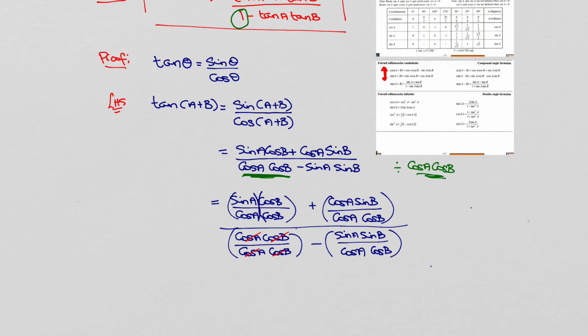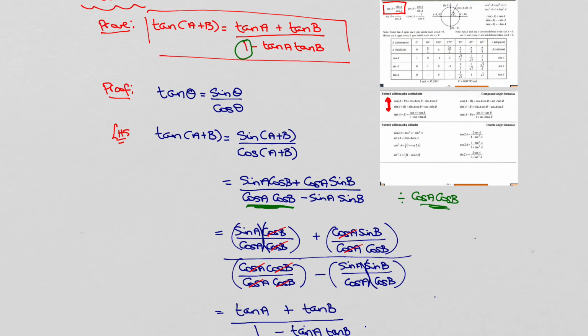If I put brackets between those, well, cos B goes into cos B once, and sine A over cos A is tan A. Cos A will go into cos A, and then we're left with sine B over cos B, which is tan B. We have 1 minus, and then if I just put brackets around those, because they're again multiplied by each other, would give me sine A over cos A, which is tan A tan B. So the biggest hint is always that 1 to tell us what to do. It's the key to solving that problem.